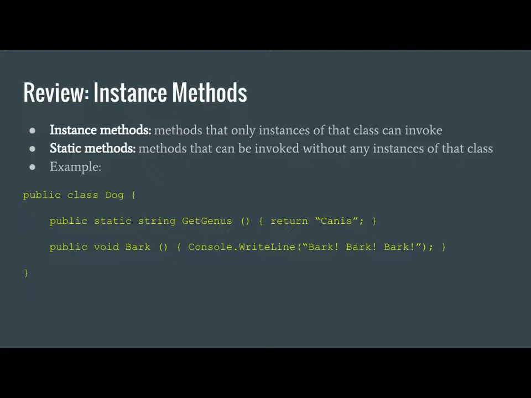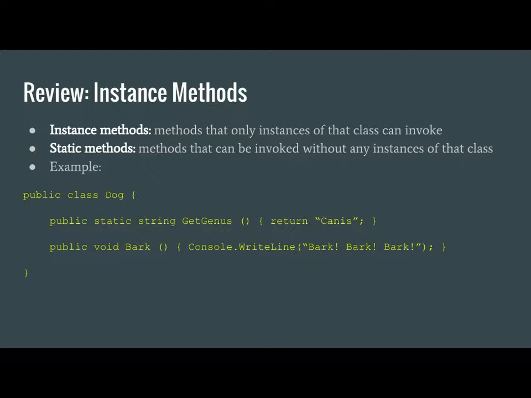For example, I have a class called Dog, and then I have two different methods. One is public static String getGenus, which returns us the genus of a dog, which is Canis. And another method called public void bark, which basically prints out bark, bark, bark in the console.